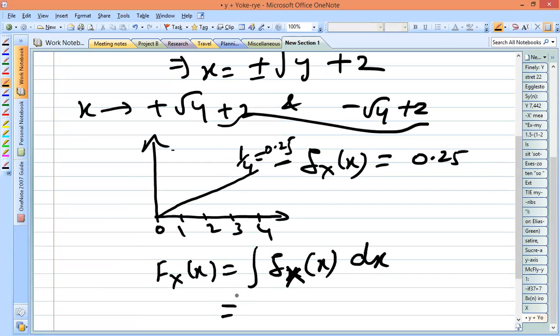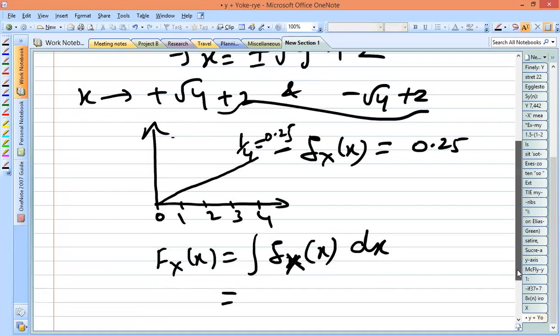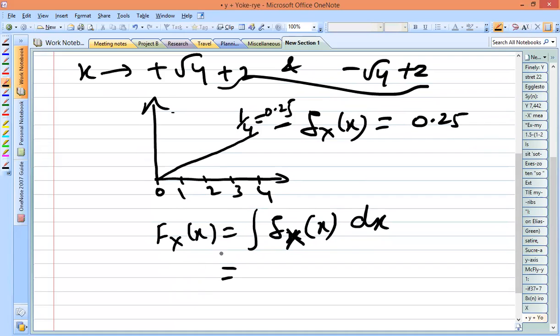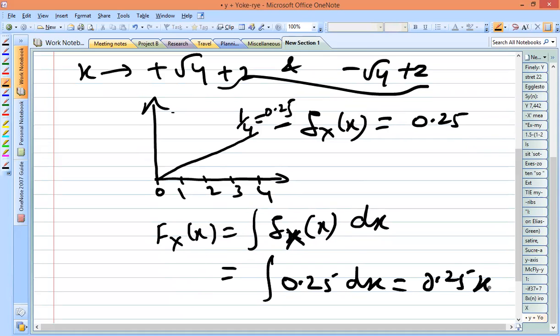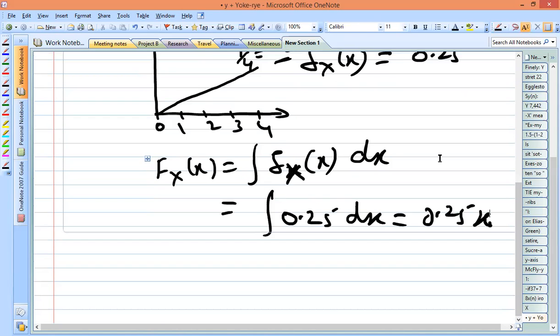Substituting fX of x as 0.25, or you can substitute 1 by 4, we'll be getting the integral of 0.25 dx, which is equal to 0.25x, since the integration of 1 with respect to x is x. So we'll be getting the CDF as 0.25x, and this holds good between the values 0 to 4. Having this, we can go for calculating the PDF and the CDF for the random variable capital Y.